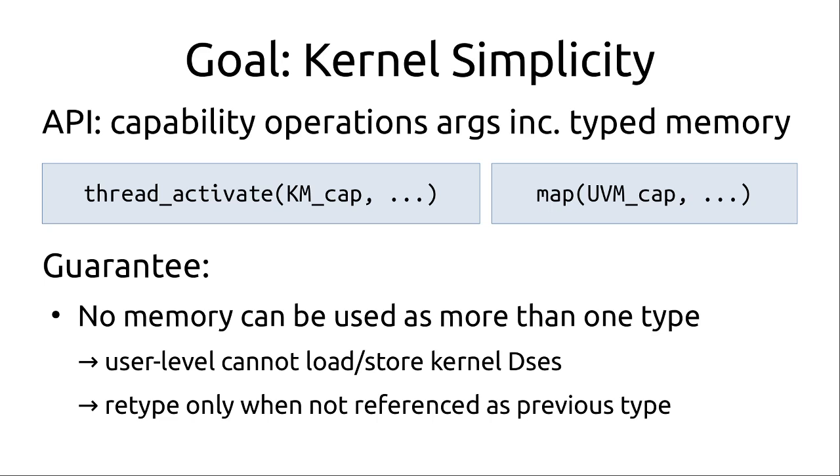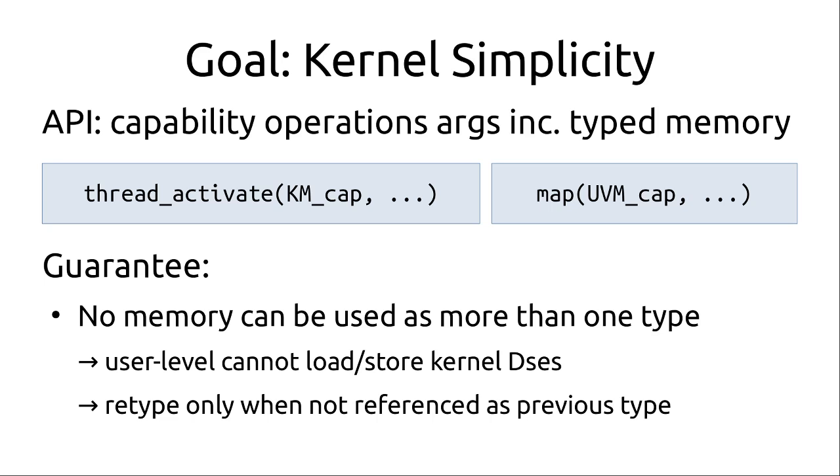And when we're using these APIs and when we're retyping the memory, what we are trying to do is adhere to a guarantee, a very simple but important and necessary guarantee for the integrity of the kernel itself, that no memory can be used as more than one type of memory at any point in time.